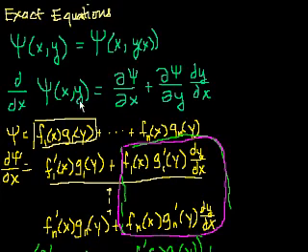If y wasn't a function of x, if it was independent of x, then dy dx would be 0, and this term would be 0, and then the derivative of xi with respect to x would be just the partial of xi with respect to x.